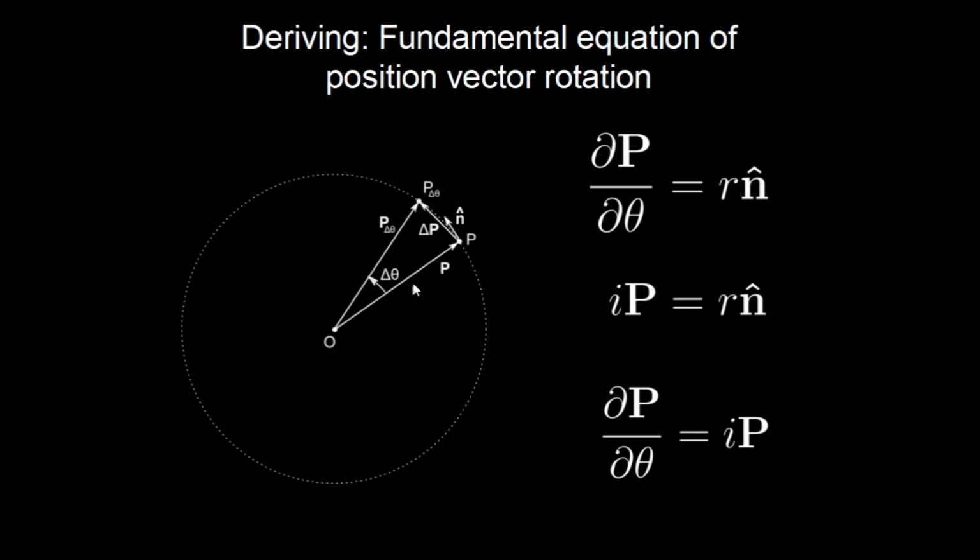Here is the vector bold P. Multiplying I makes the vector rotate by 90 degrees to this direction, which is the same as the direction of n hat. The magnitude is r. Thus, we have this equation. From these two equations, we obtain this equation, which is the fundamental equation of position vector rotation.